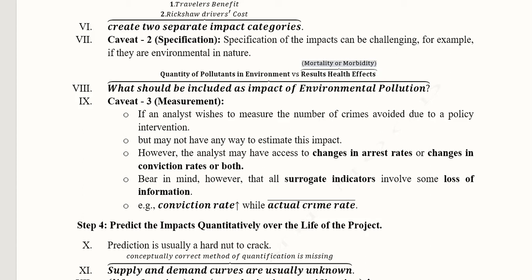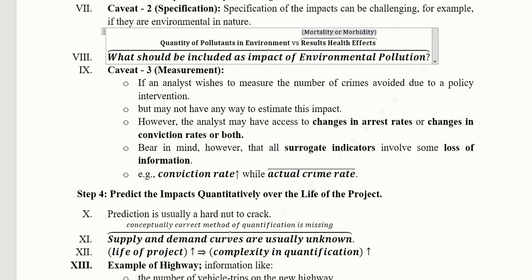The other concern that we have is of measurement, because the measurement can be a little wrong when it comes to situations where we are trying to consider a policy intervention, where we are trying to see if the crimes are really avoided, is there some reduction due to some intervention? And in that, the changes in the arrest rates or changes in the conviction rates, or both, we can use. However, what happens is that if the conviction rate is increasing, it does not necessarily mean that the crime rate has actually decreased.